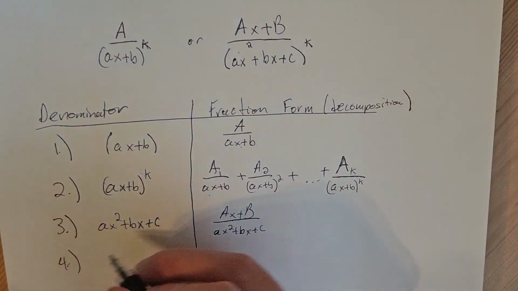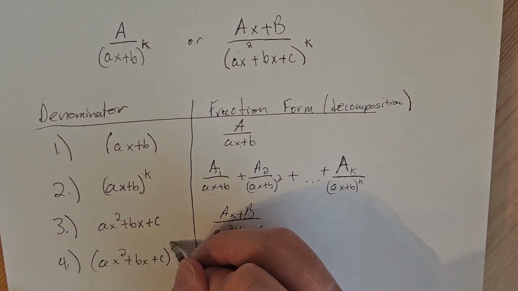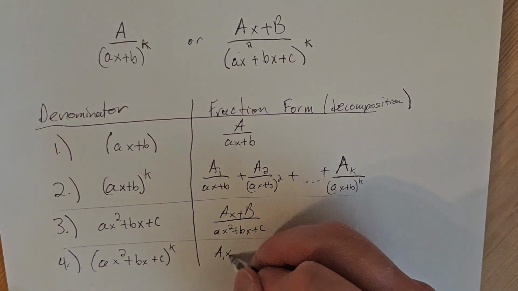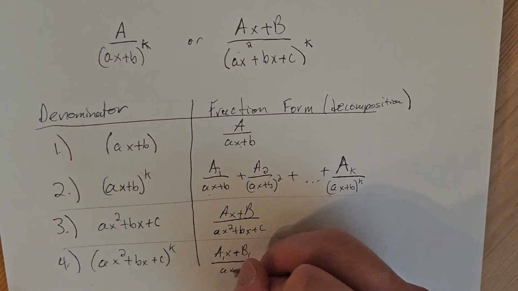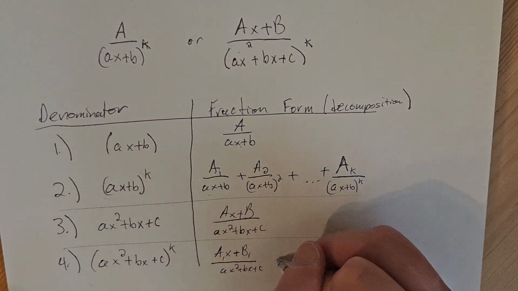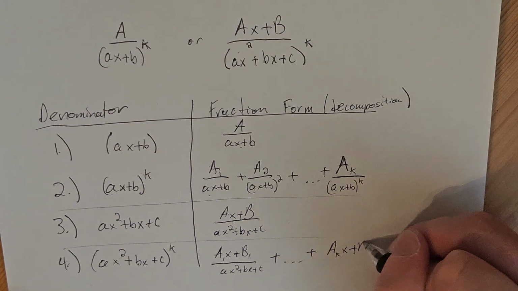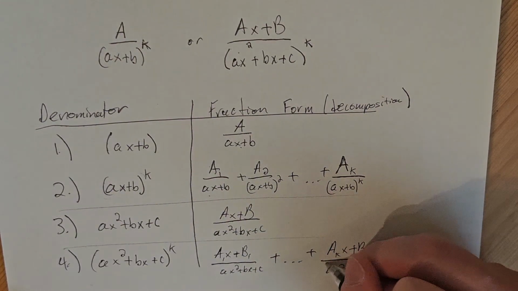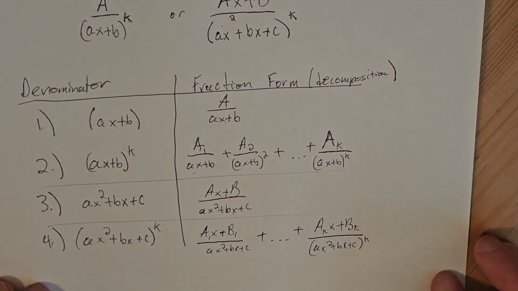And just like before, if we have some power on this quadratic, then it really turns into a sum of things like a1x plus b1 all over ax squared plus bx plus c, and we add that up until we get to a sub k x plus b sub k all over ax squared plus bx plus c to the kth power. Okay, cool.